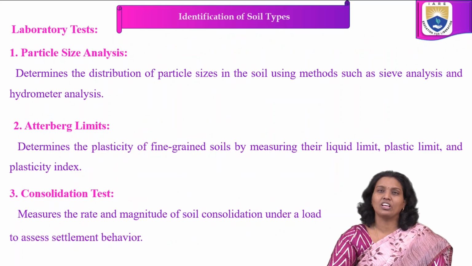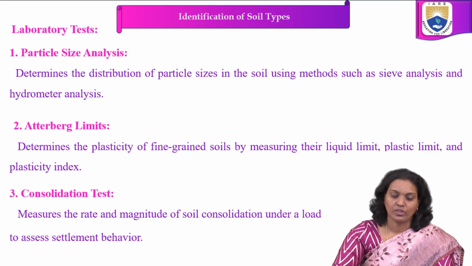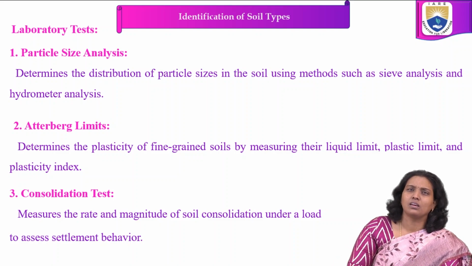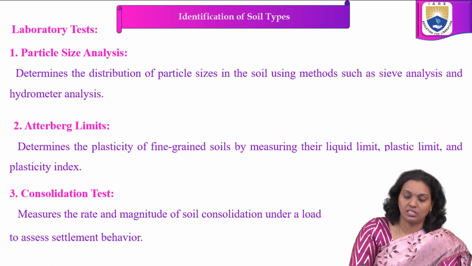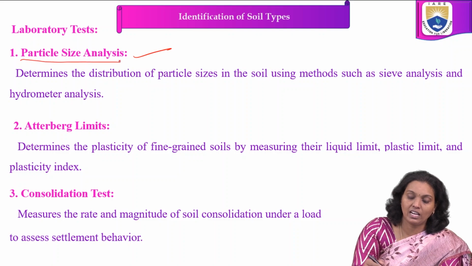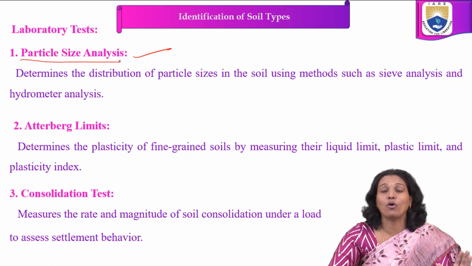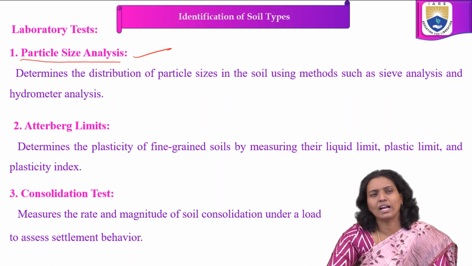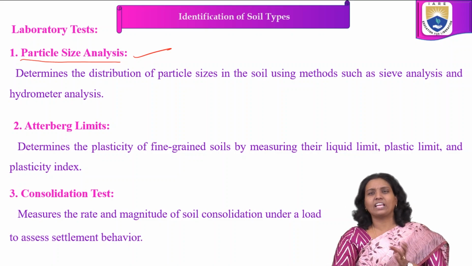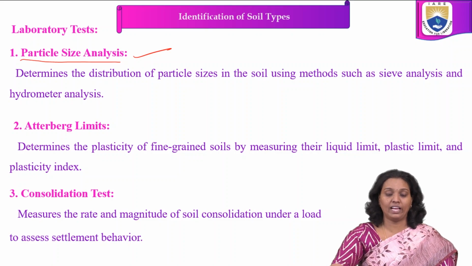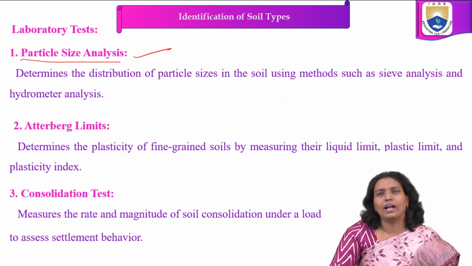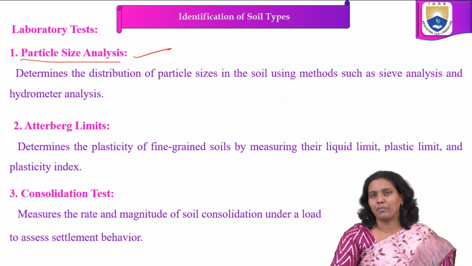Similarly, we have some laboratory tests also. In these laboratory tests, first is particle size analysis. This is where we understand which size class the soil belongs to, whether fine aggregate, coarse aggregate, clay, silt, like this. Based on that, we first have to analyze using the laboratory test.